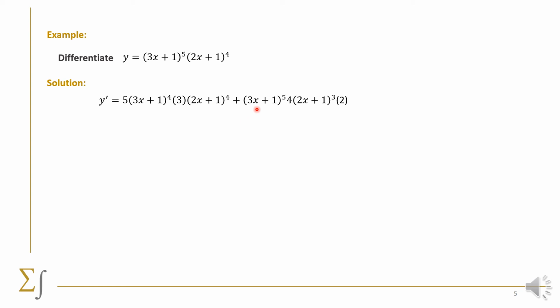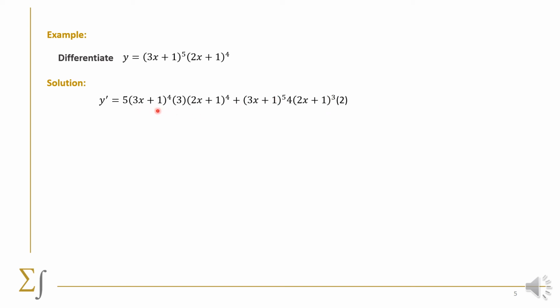And then here we put the first function 3x plus 1 all power 5 multiplied by the derivative of the second function. When we differentiate this bracket, we get the 4 down, we reduce the exponent by 1, so we will have 4 into 2x plus 1 all cubed multiplied by the derivative of inside, which is 2.